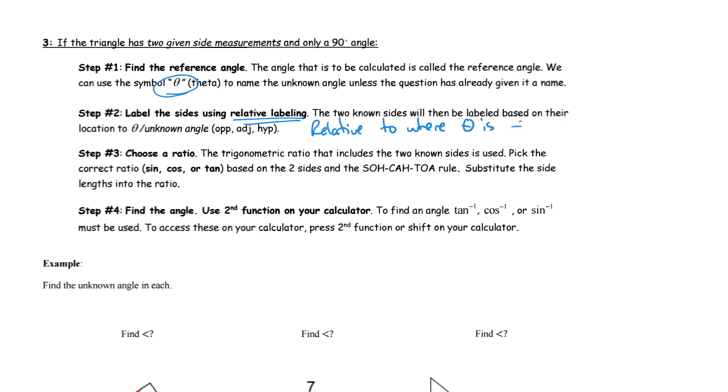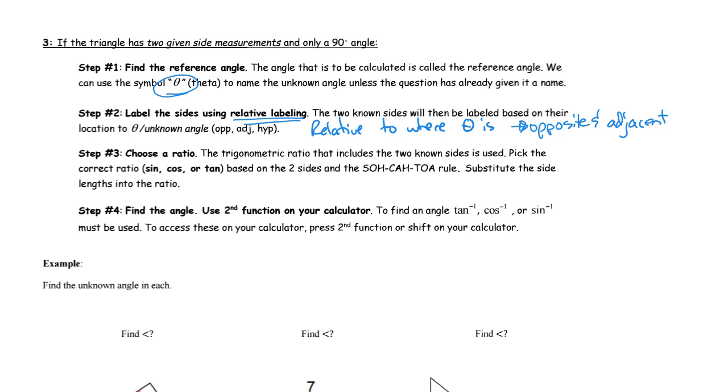So that's going to be your opposite and adjacent. Now the hypotenuse is the hypotenuse. It's going to be the same regardless of where the angle is, because the hypotenuse is always opposite the 90 degrees.